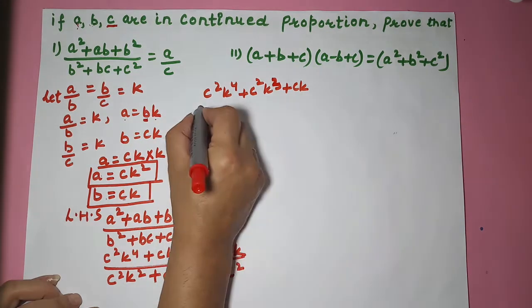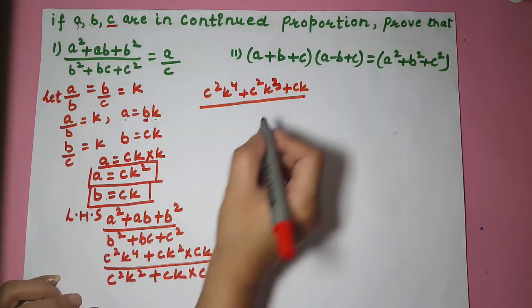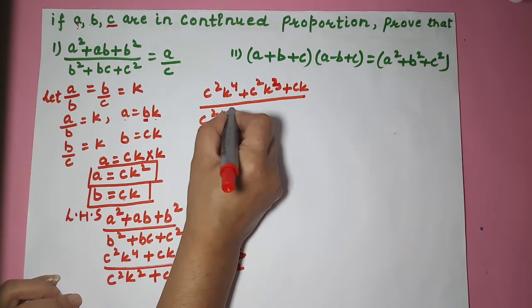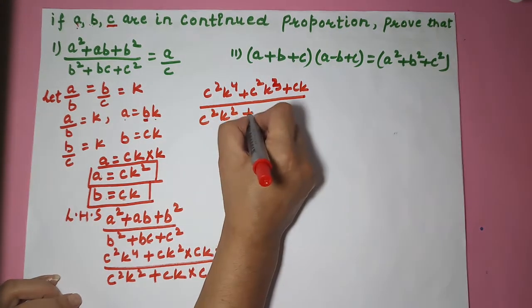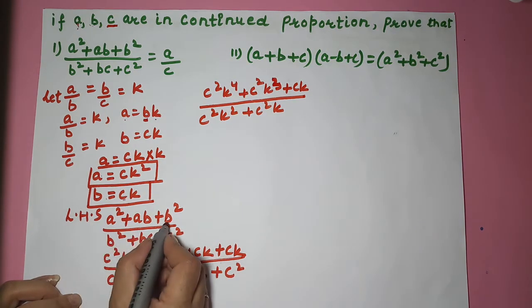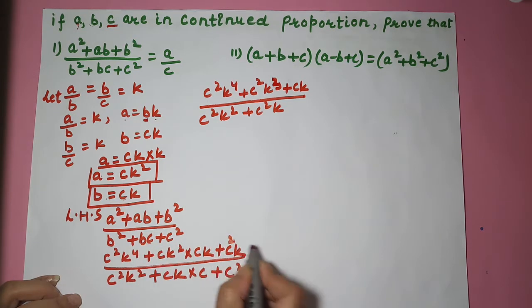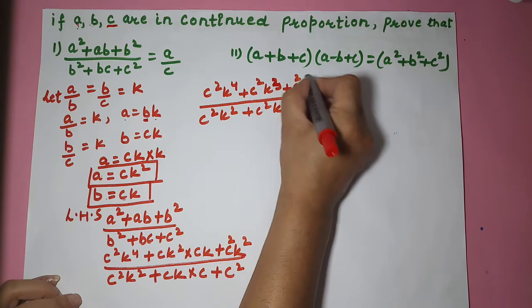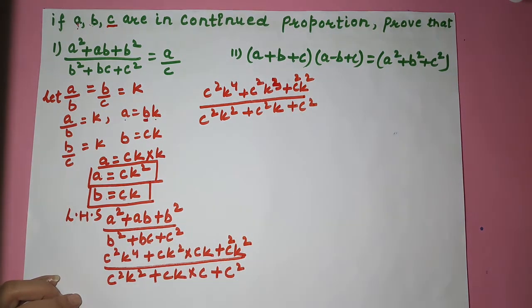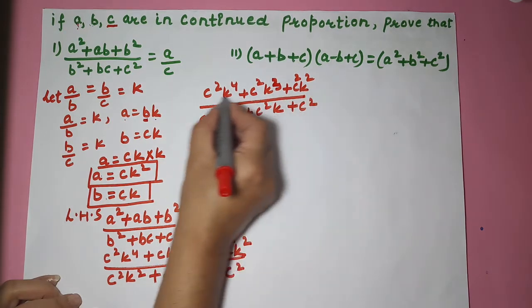And in the denominator, I have C square K square plus C square K, and then I have, okay, here I had B square, so this will be C square K square. Okay, so this will be C square K square, C square K, and then I have C square, right? Okay, what can I take common?